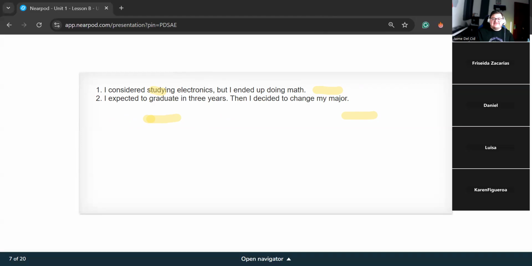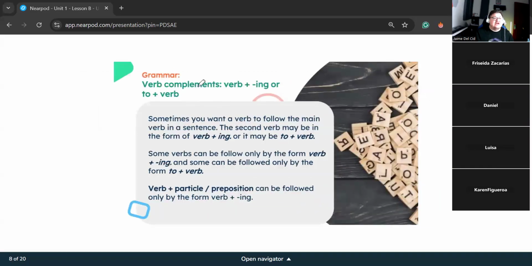Okay, so let's see if we can find these in the rules that we have ahead. First of all, something that we need to remember is that when we have two verbs, it's something that we call verb complements, right?